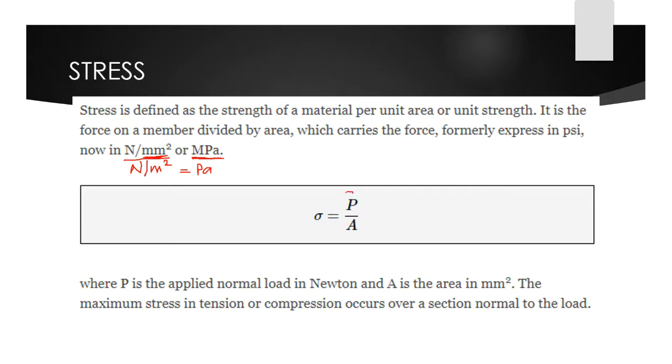And again, we have the formula stress is equal to force over area, where P here is the applied normal load or the force in Newton, and A here is the area, in millimeter squared. And you can also use meter squared for the area. It just depends on you.